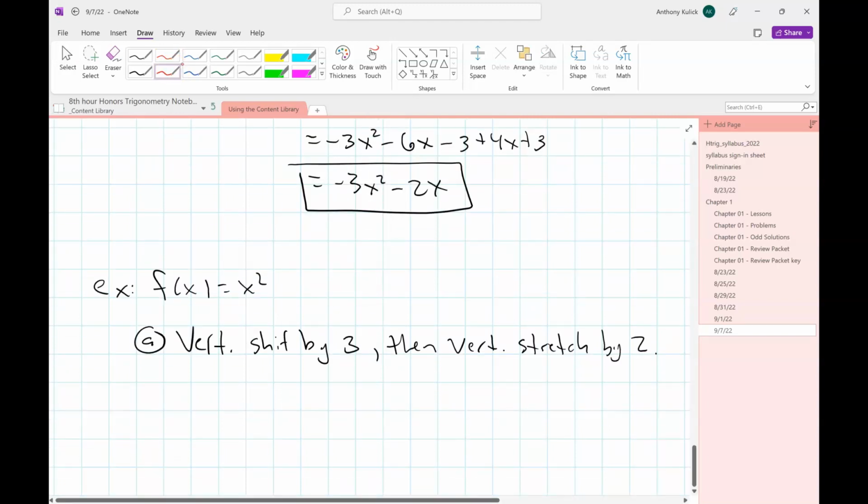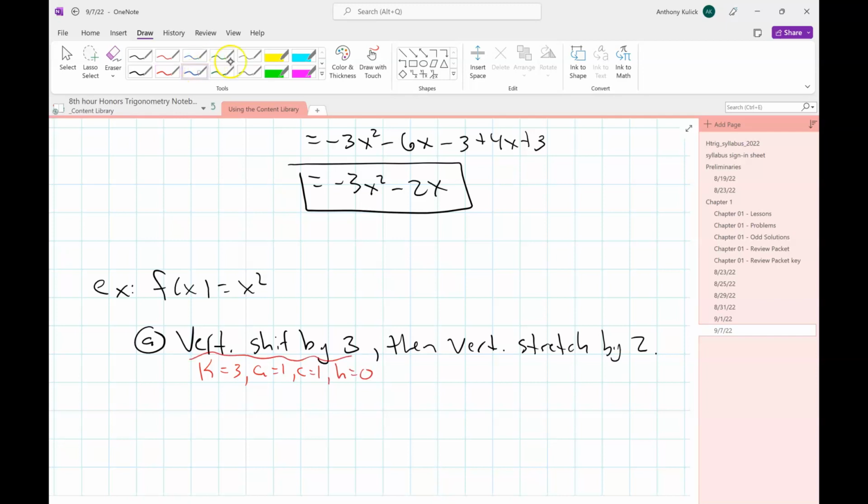If I'm taking the vertical shift by 3, that tells me k is 3, and everything else is just its null value. And then the vertical stretch by 2 tells me a is 2, and everything else is just its null value. So this is one that we're going to have to do in 2 steps.